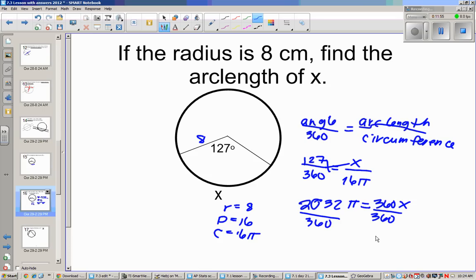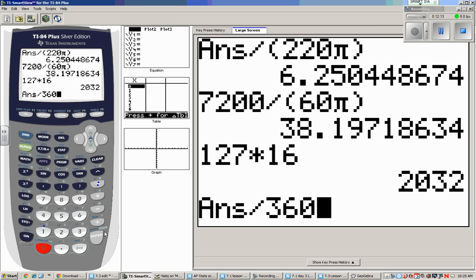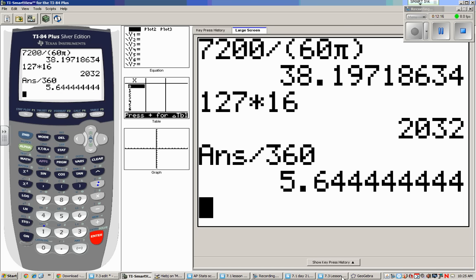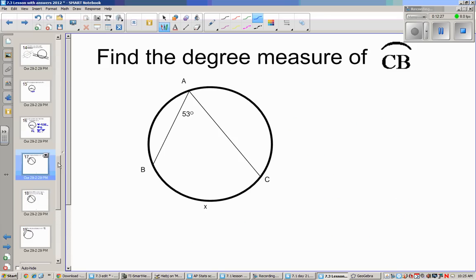So my arc length is going to equal, divide this by 360, and I get 5.64. So my arc length is approximately 5.64. Okay.